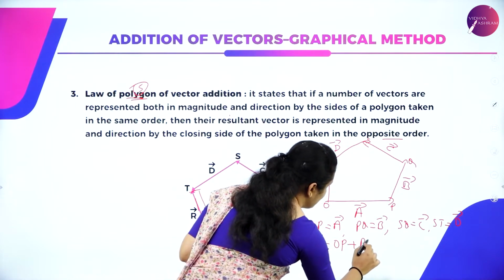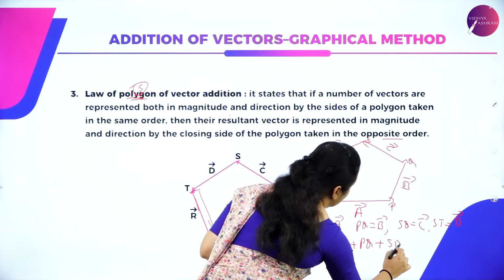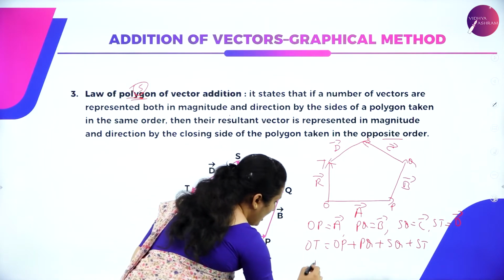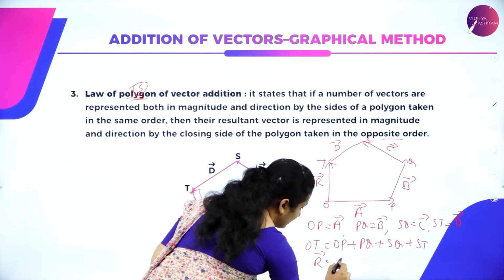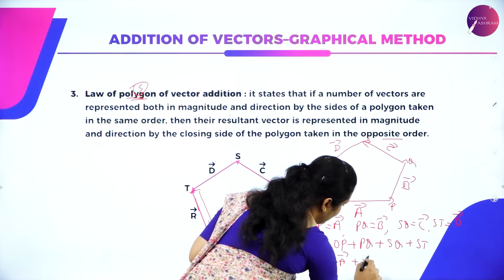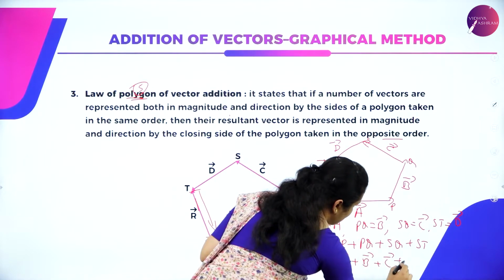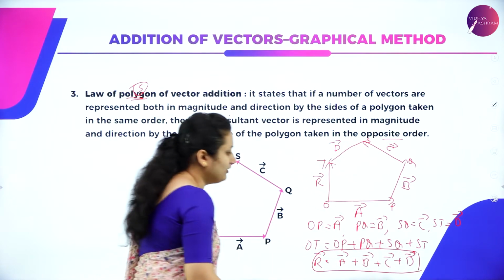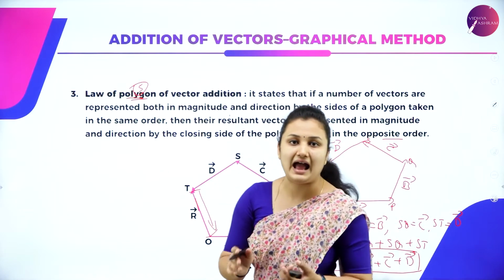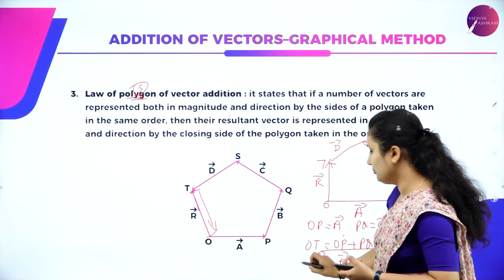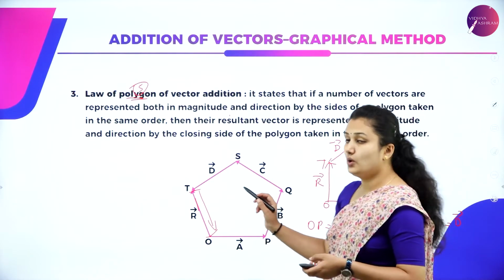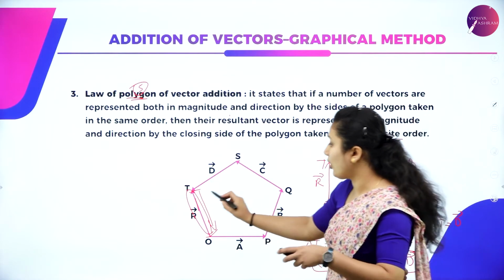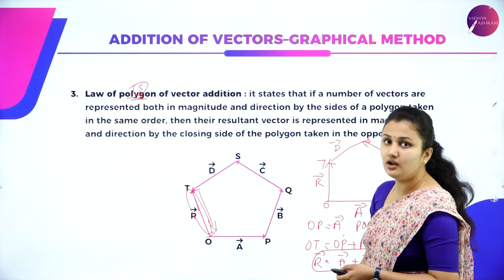OP plus PQ plus QS plus ST gives the resultant vector OT. So R is equal to vector A plus vector B plus C plus D. So this is your polygon law of vector addition. You can add 3 or more vectors in the polygon law of vector addition, where the closing side of the polygon gives you your resultant vector, which is opposite to the order of the other sides of the polygon.